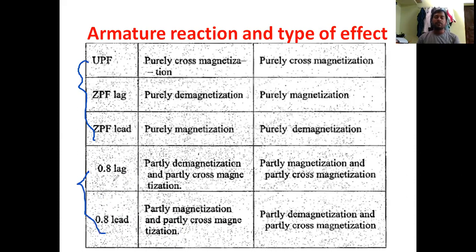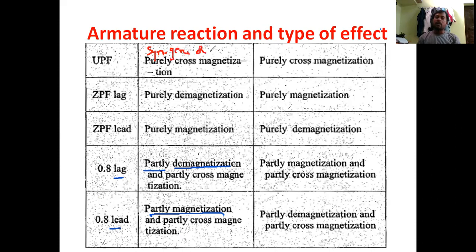For these two common cases, partially cross magnetization effect will appear. Here also partially cross magnetization will appear. But in case of lagging, partially demagnetization effect. In case of leading, partially magnetization effect will take place.